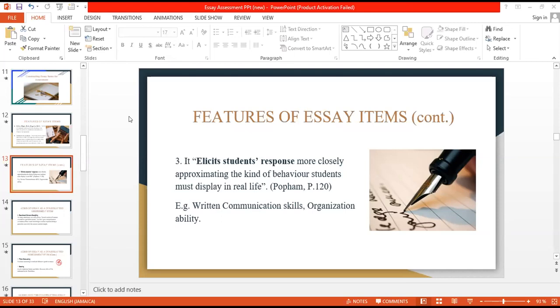The more opportunity we get to write and organize our ideas in a logical fashion, present them that way, write clearly and communicate, the more we will be able to negotiate and survive out there and communicate in the real world. So it's part of the preparation process. That is where the real authenticity comes in.